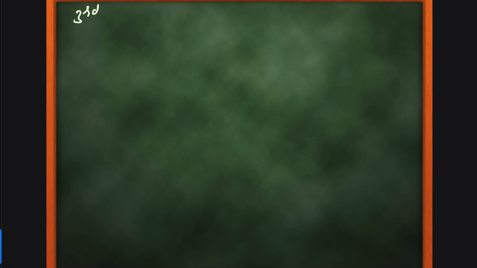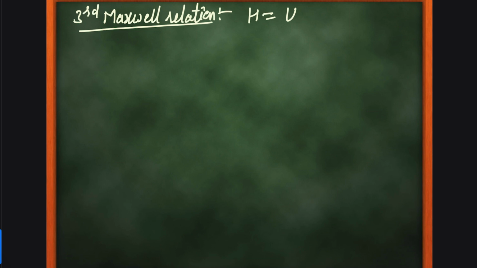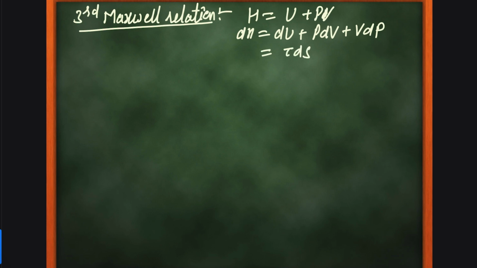Like this, for the third Maxwell relation, we use enthalpy. Enthalpy H is equal to U plus PV, and dH is equal to dU plus PdV plus VdP, and dU plus PdV is TdS, so dH is equal to TdS plus VdP.